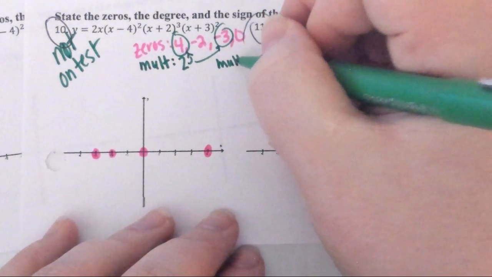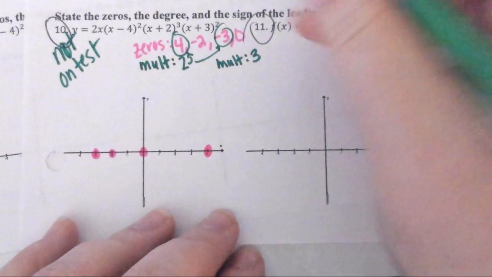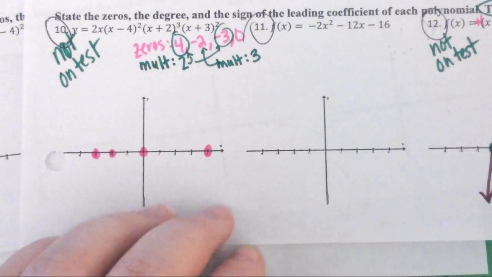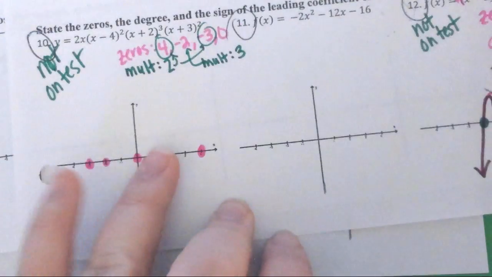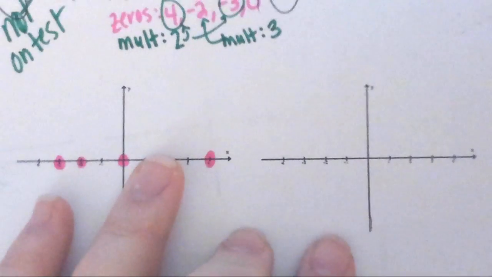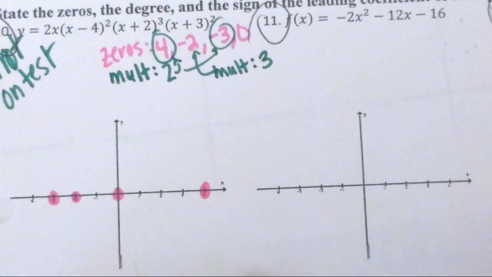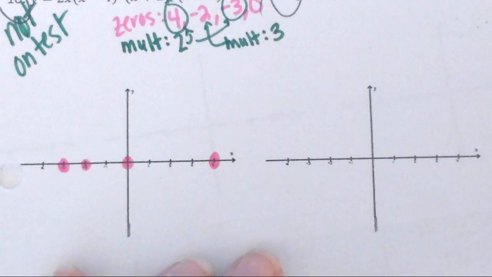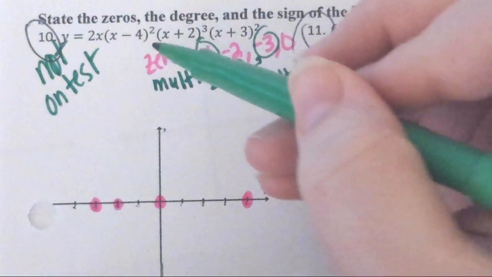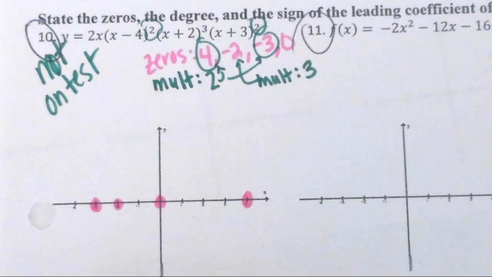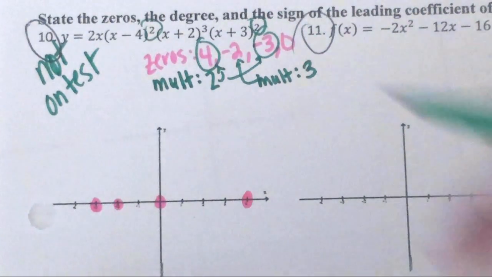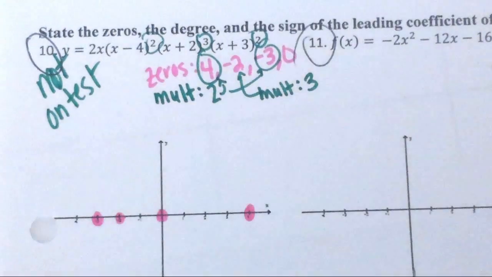Multiplicity of 2, I drew arrows. So the multiplicity of 2 is where we have a cool parabola. That's going to be important for us in a second. So yes, these two, because the exponent of 2 had a multiplicity of 2. This one, because the exponent of 3 had a multiplicity of 3.